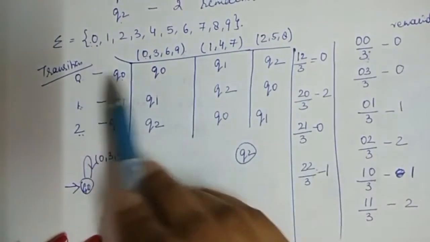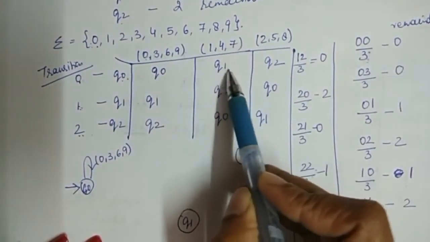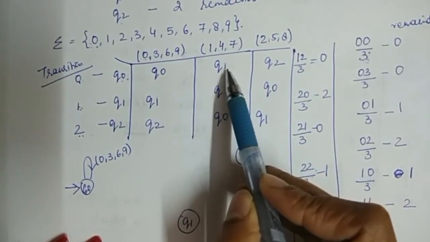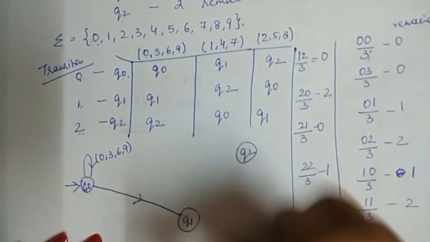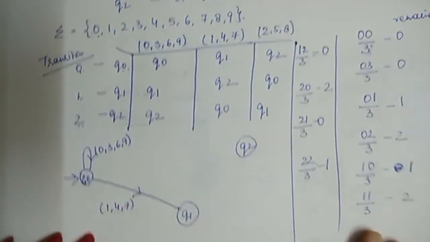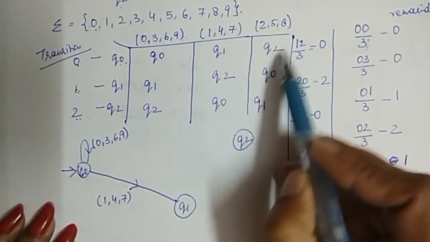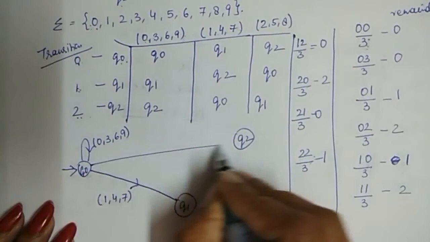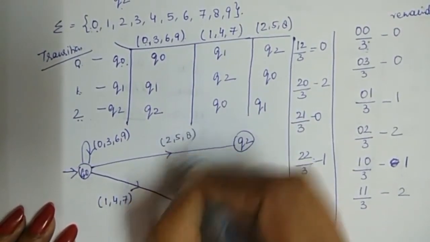Okay. Now for Q0, if I give 1, 4, 7 as an input, the state will change and it will become Q1. Means for this entry 1, 4 and 7. Okay. Now for Q0, 2, 5, 8, the state will be Q2. So this entry will be 2, 5 and 8.